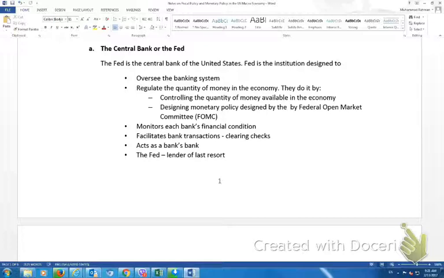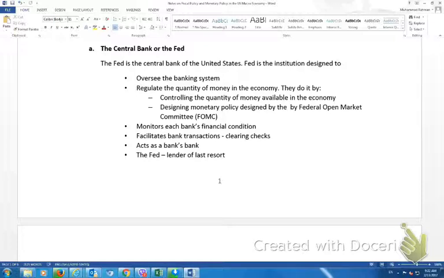They do it by controlling the quantity of money available in the economy, and also by designing monetary policy through their so-called Federal Open Market Operation Committee, which is the administrative body inside the Fed that will be involved in buying and selling treasury bills. We will explain that later on.